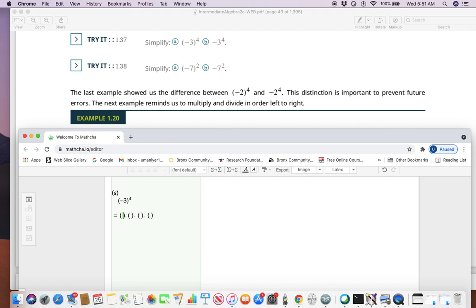Inside the parenthesis is negative 3. There are 4 negatives, so it's a positive. Now 3 times 3 is 9, times 3 is 27, times 3 is 81.